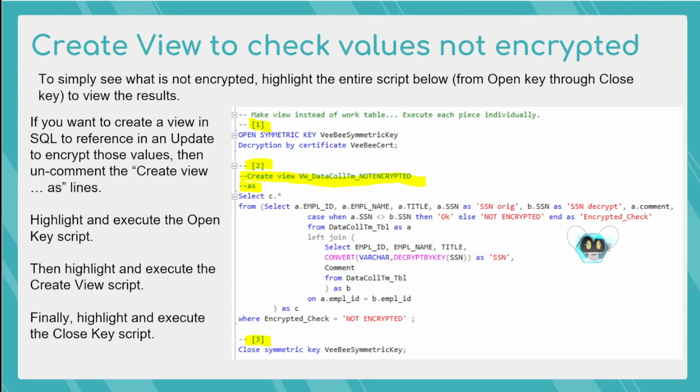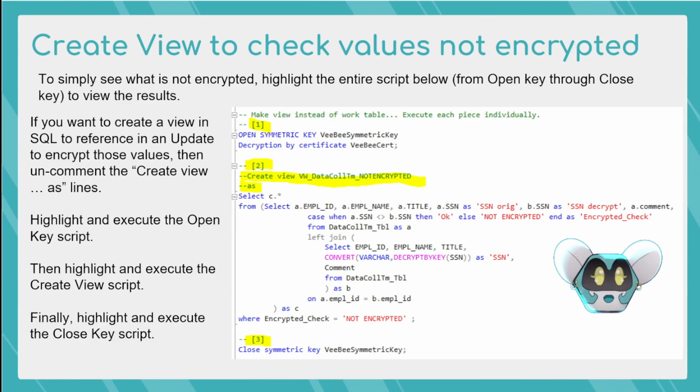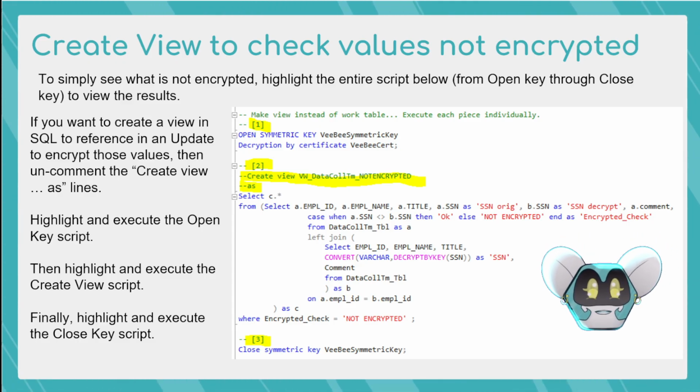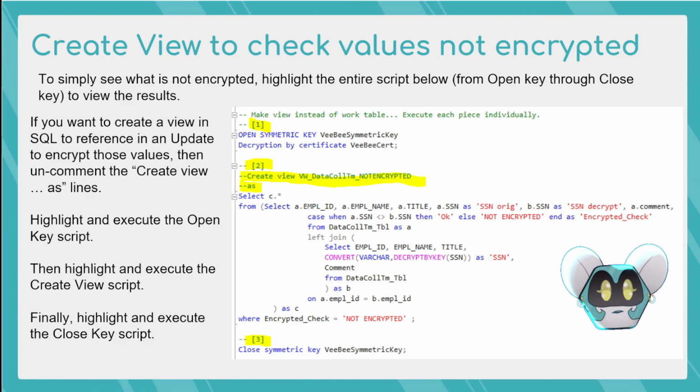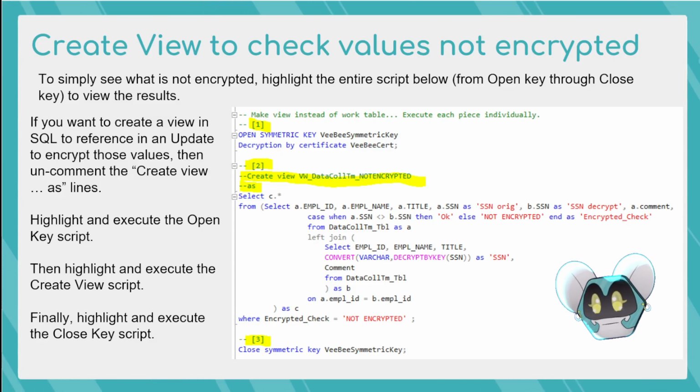So we are leaving a comment of not encrypted in our column called encrypted check. And later on, we can reference this view for an update to update those specific rows.